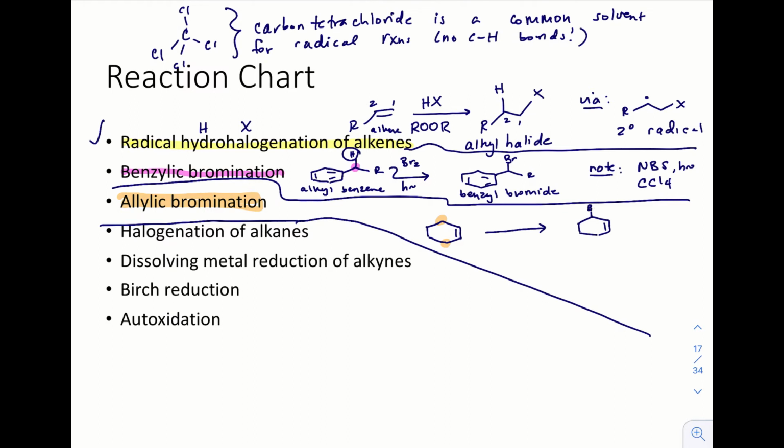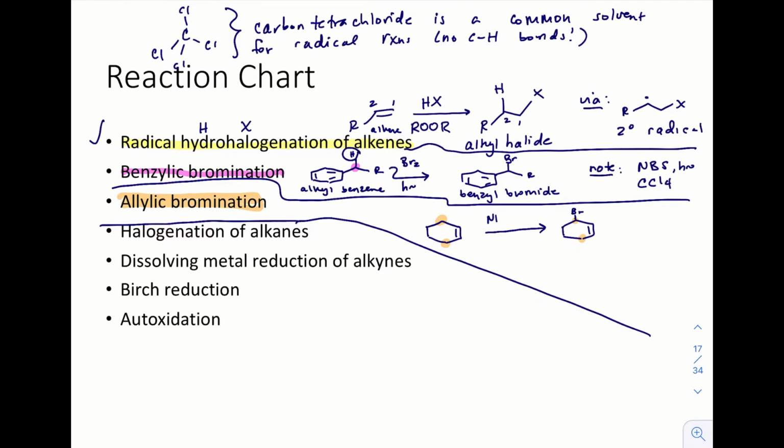Now, I've highlighted two different allylic positions. They are the same. There is a plane of symmetry through this molecule, so either of them can react. This one may react again to make a dibromide if you leave your reaction going for too long. But it is possible to be a careful chemist and just brominate one allylic carbon.